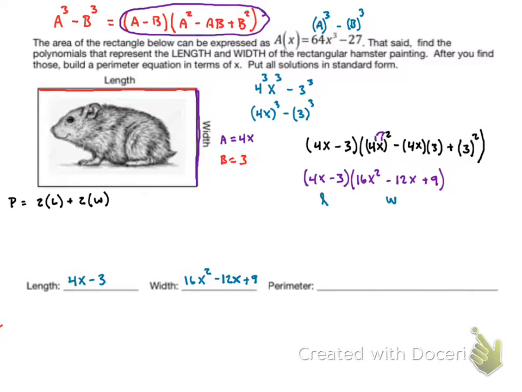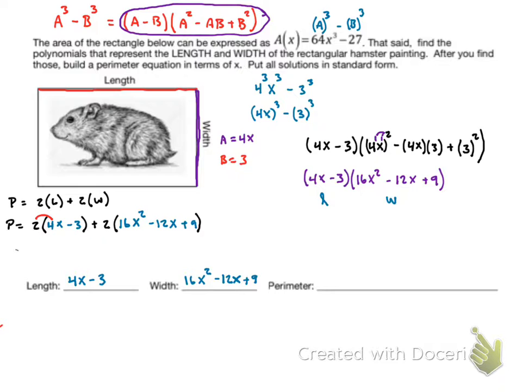If we plug all this stuff in, the perimeter is going to equal 2 times my length, which is 4x minus 3, plus 2 times the width, which is 16x squared minus 12x plus 9. And we solve for perimeter from here.